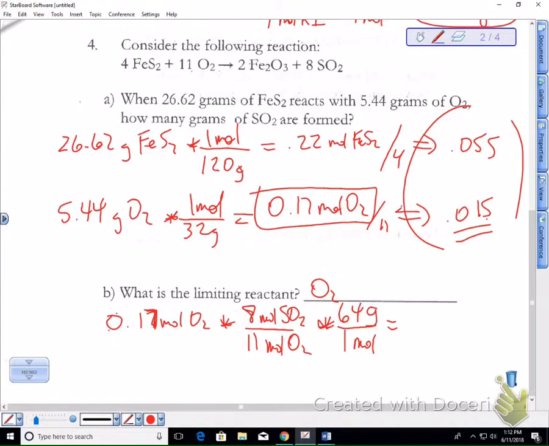And then finally, to find that theoretical yield of SO2, I've set up the conversion factor 0.17 moles of the oxygen that's limiting times an 8 to 11 ratio, and then times the molar mass of SO2, gives me 7.91 grams of SO2.